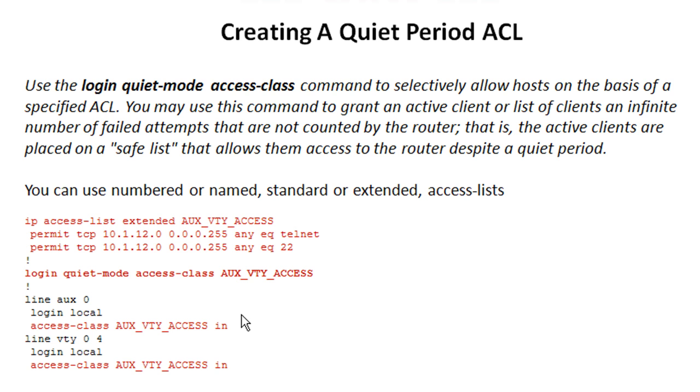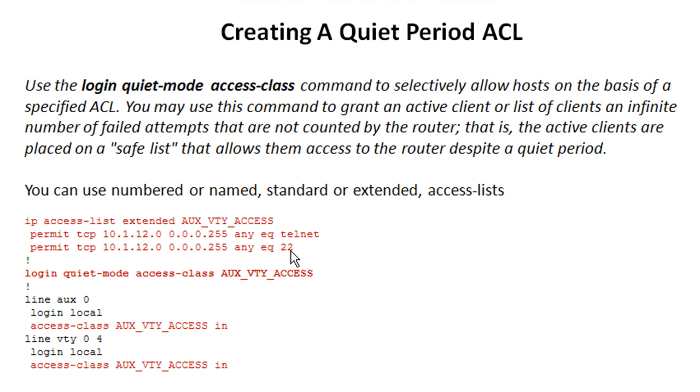Best practice is to have an access class specified inbound on your auxiliary and your VTY lines, so that you don't just allow anybody who has reachability to an IP address on your box to access it. So in this case, what this would do is say, this is what we want at all times.